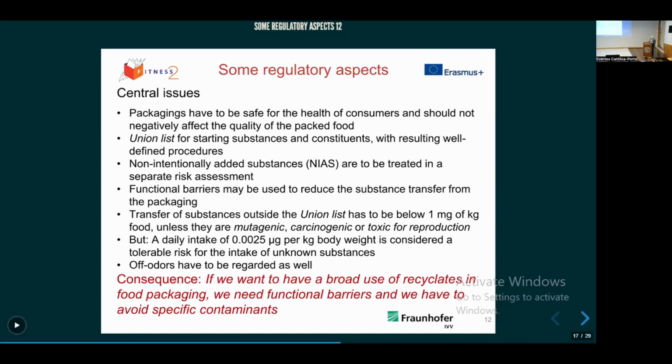And this can be done, but you have to be very careful about saying so, it can be done with functional barriers. So functional barriers are not the solution for everything, but they are one part of the solution. The other part of the solution is to avoid specific contaminants. And the key is, in the end, we will need both.